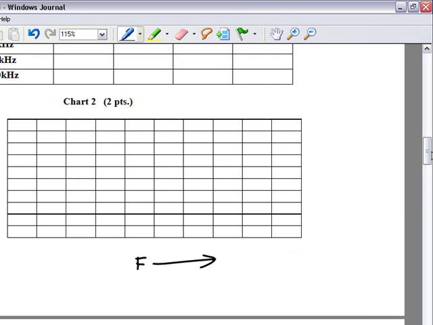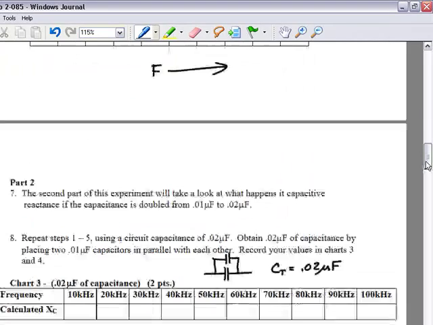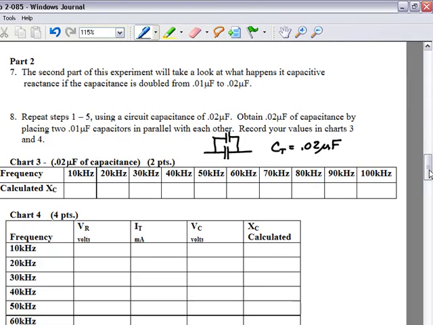Next, you're going to graph out the relationship between capacitive reactance and frequency. You should see that as the frequency increases, the capacitive reactance decreases. Next, you're going to see what happens when you increase the capacitance in the circuit.